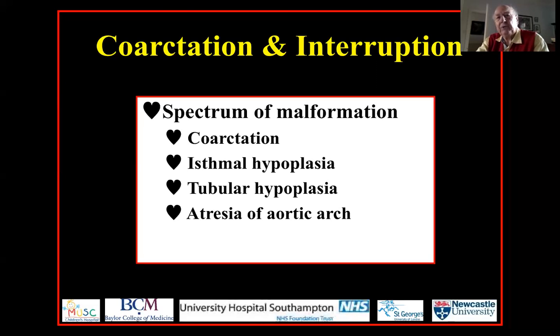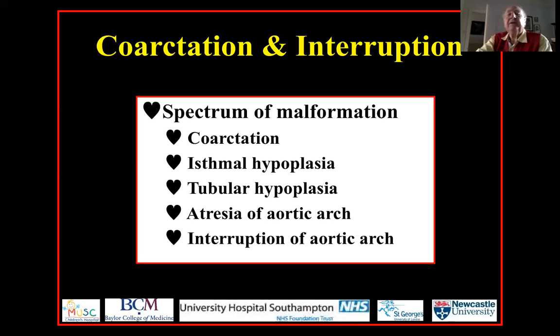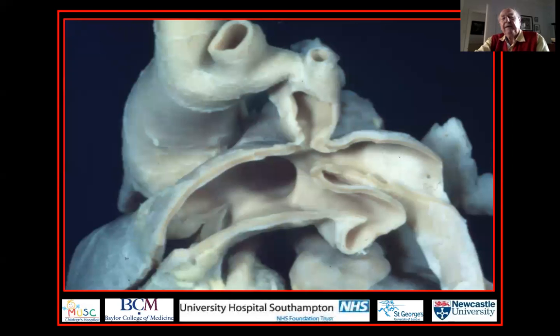I'm going to show you how, with more severe disease, we can have atresia of these components of the aortic arch. And then eventually, those atretic components themselves can disappear entirely. And we see this spectrum of malformation, as I'm going to show you, most obviously at the level of the isthmus of the aorta. So here is what we see with coarctation itself.